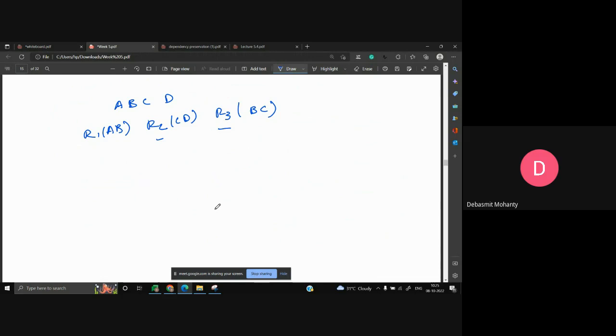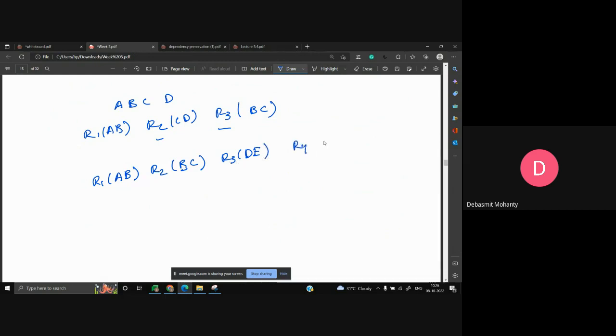Let's say hypothetically R1 is AB, R2 is BC, R3 is DE, and then R4 is BD, which we have to use as a link.